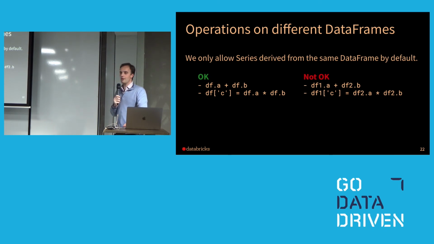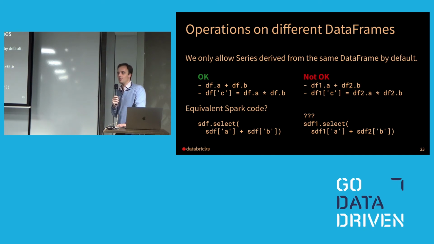If we try to have them coming from different data frames, then Pandas will allow it, and it is for now forbidden by default inside Koalas. The reason for that is that if you look at the equivalent Spark code, on the left hand side, adding a new column corresponds with two other columns coming from the same data frame.